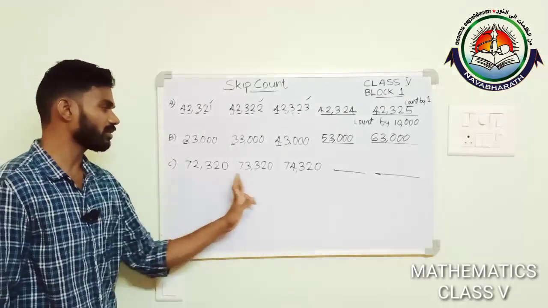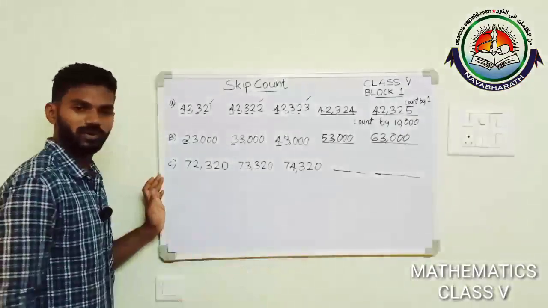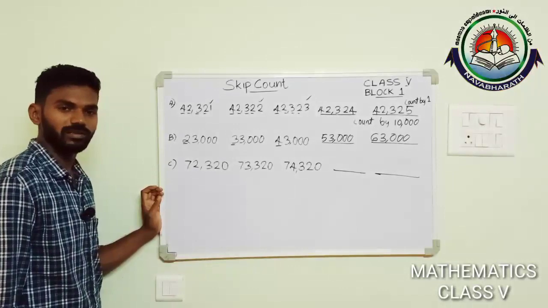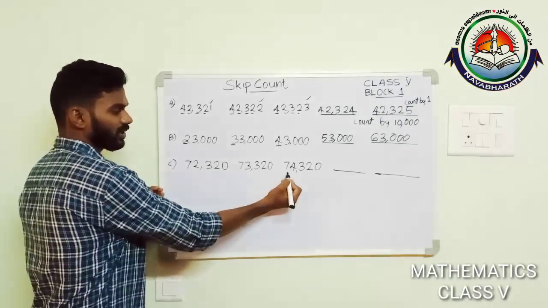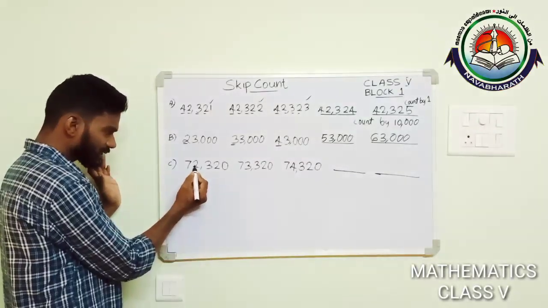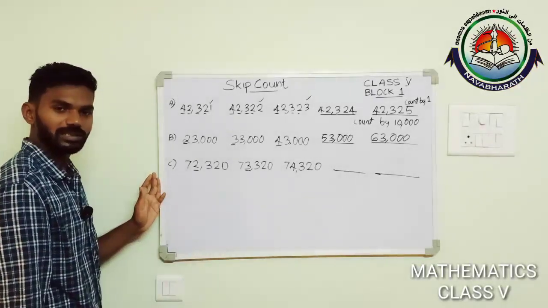For that, check the given numbers. On looking at these numbers, you can see which place is changing. Here 7, here also 7, here also 7. No change for that place. Then next, here it is 2 and it changes to 3.